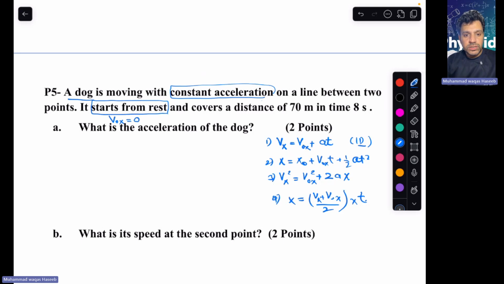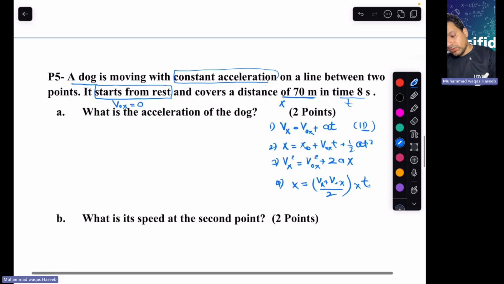So the initial velocity is 0. Then it covers a distance of 70 meters. You can say that x is along the line.